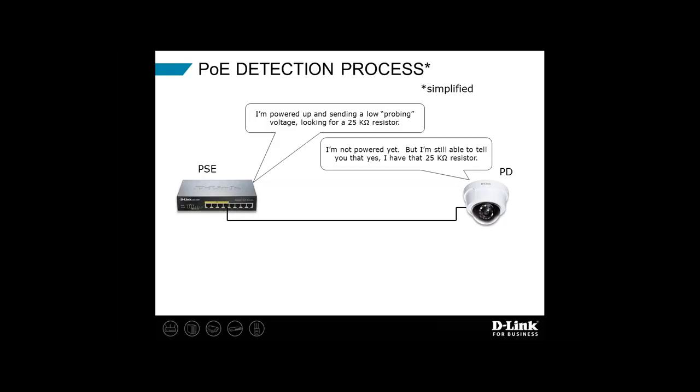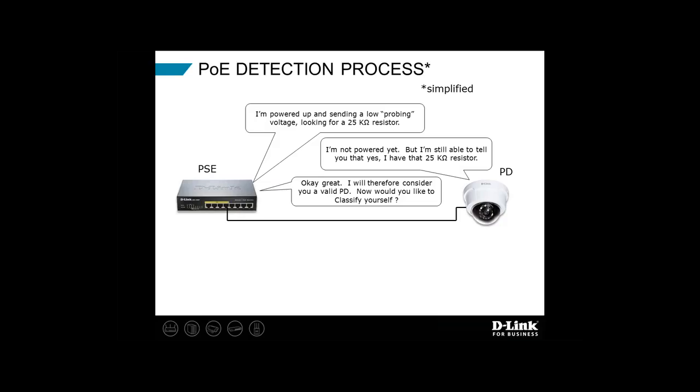And so in our situation here, the PD says, well, I'm not even powered up yet, but I am able to tell you that, yes, I have that 25 k ohm resistor that you're looking for. And so the PSE would say, that's great, then I will consider you a valid PD, an industry standard 802.3af PD. Now there's an optional process called classification.